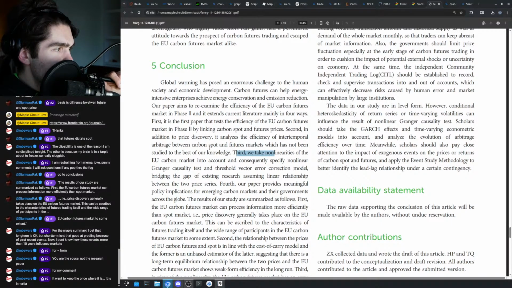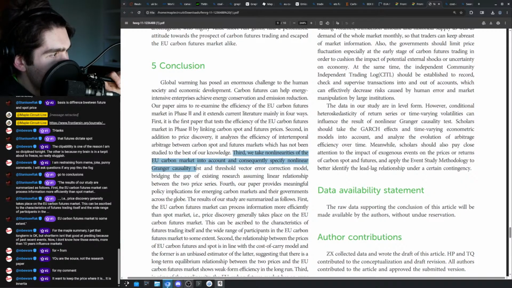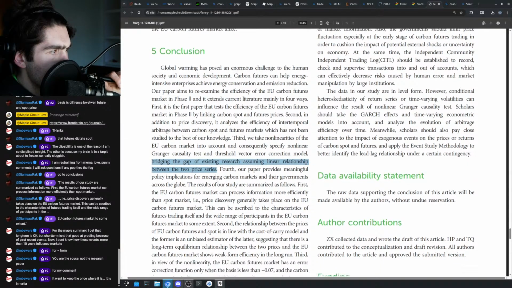Okay, so they're saying it's not something that has been studied a lot, but they try to do it here. Third, we take non-linearities of the EU carbon market into account and consequently specify non-linear Granger causality test and the threshold vector error correction model, bridging the gap of existing research, assuming linear relationship between the two price series.